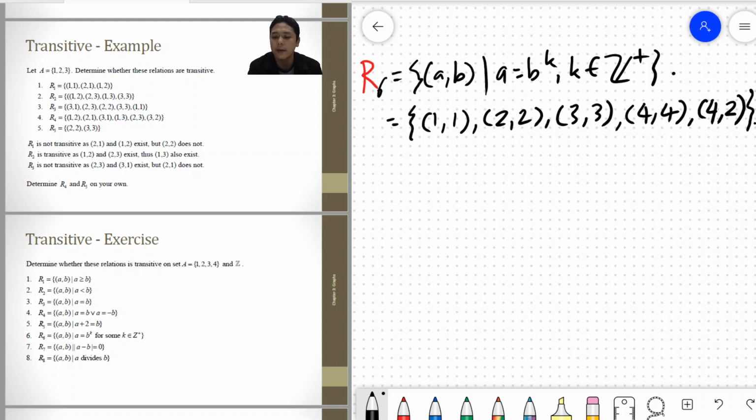I double check first. I think that should be all. Now the question is, is R6 transitive?